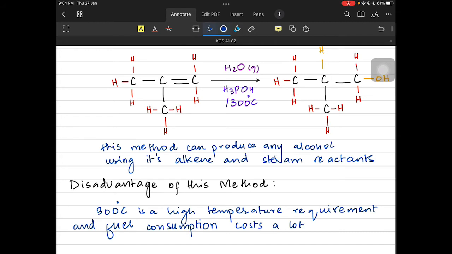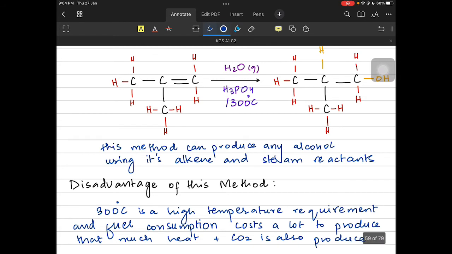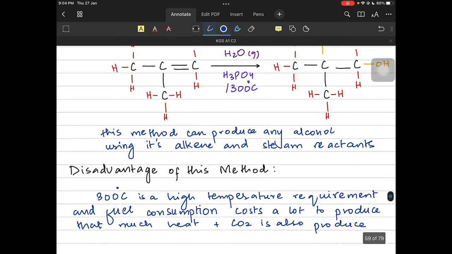So it adds to the cost. It costs a lot to produce that much heat, because we need a lot of heat. Plus carbon dioxide is released when we are burning the fuels, which is also a problem for the environment. So carbon dioxide is also produced.